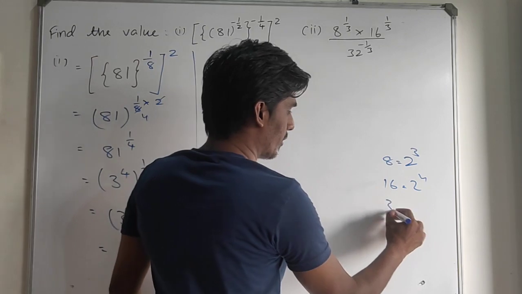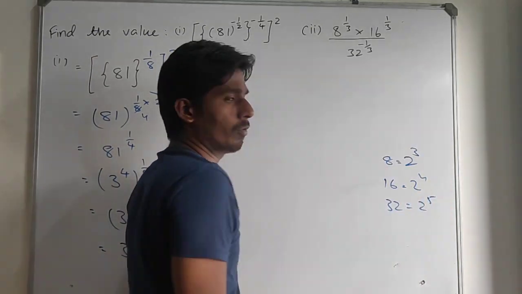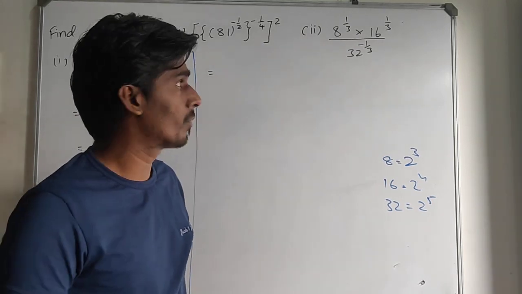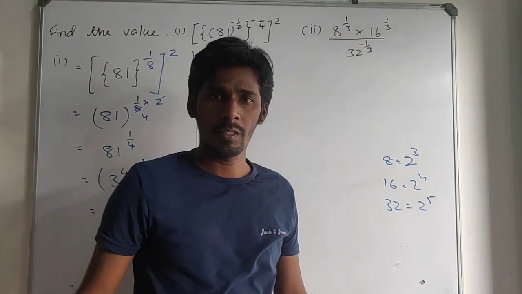And this 32 is 2 raised to 5. So all this you have to learn to calculate this type of sum: how to convert any number into power form.